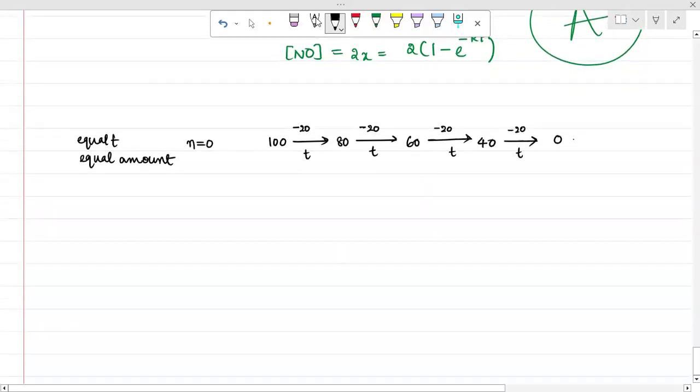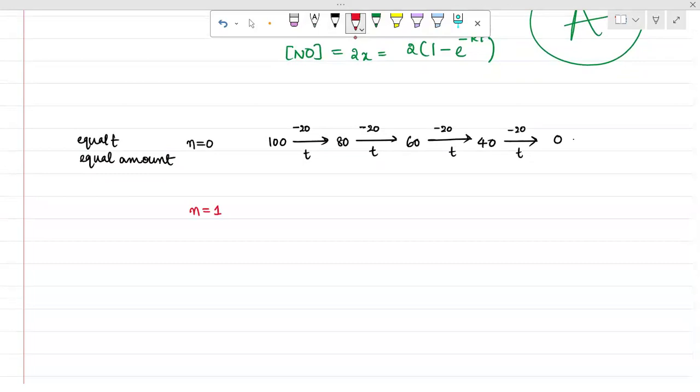Now for a first order reaction, understand that, let's say, for some particular time t, it was reduced to 50. It took t minutes to reduce the initial concentration 100 to 50. Now, for first order reaction, you do not consider the amount, you consider the percentage.